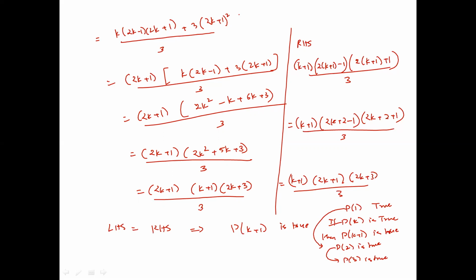If P of 3 is true, the next one will be true. Like that it will go in a chain. We need not prove for each and every one, but it is understood. That's why we can say P of n is true for all natural numbers. Instead of proving for all natural numbers, we are using principle of finite mathematical induction. Short form.